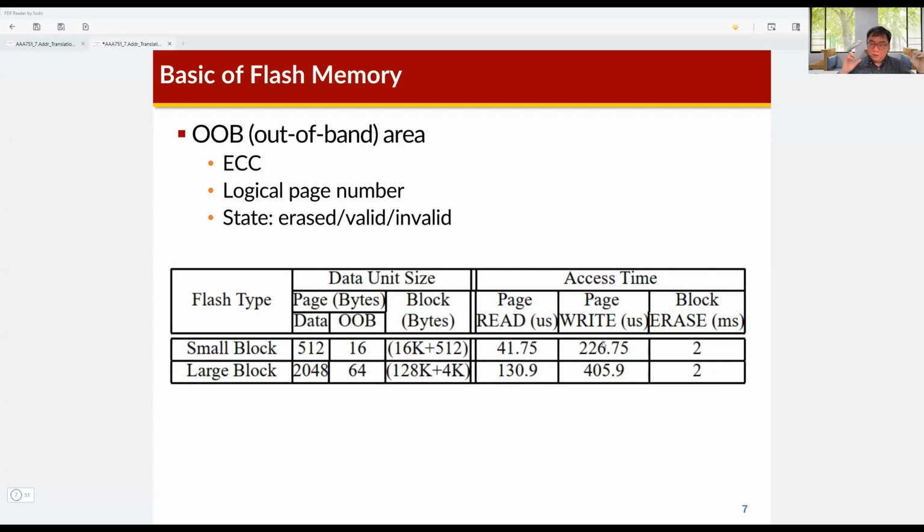So how can we store this mapping information even if the power is lost or power is failed in the entire computer systems? So SSD has the non-volatile memory actually. Non-volatile memories like flash memory. So this mapping information is stored in the flash memory.